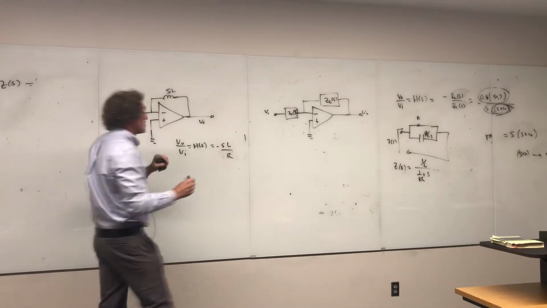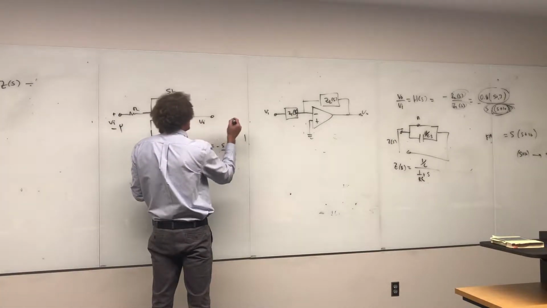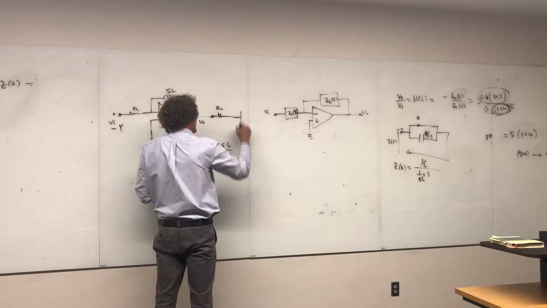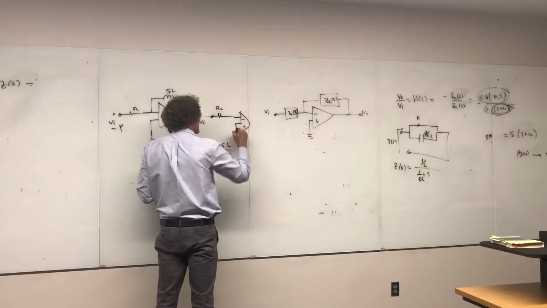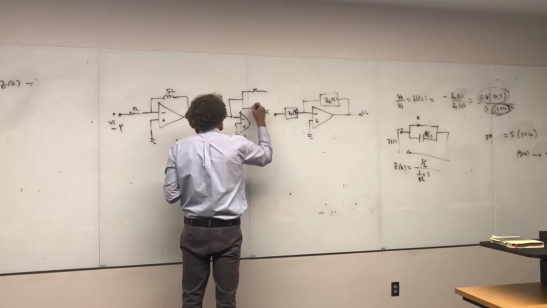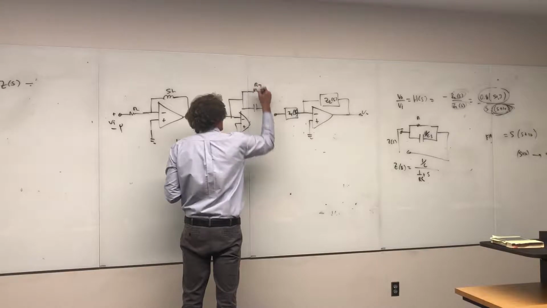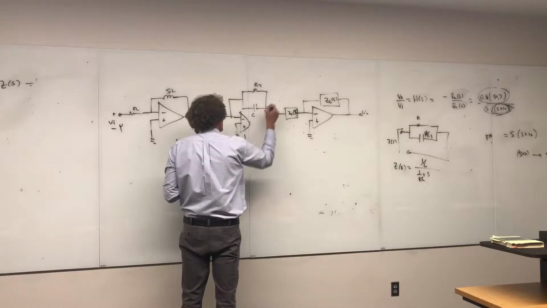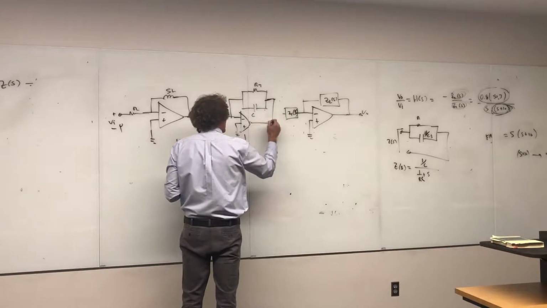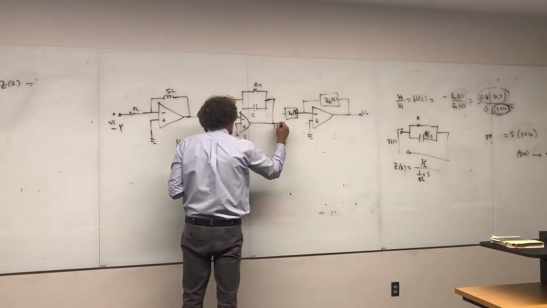Now take this output and feed it into something that has a second resistor, R2. Feed that into an op-amp, ground that, and coming up here, here's your resistor, here's your capacitor. Call that R3, and C here, and then this would come down here, and this would be your output.